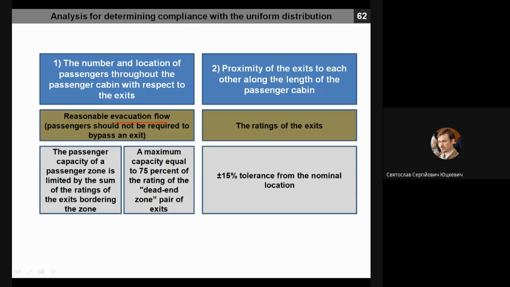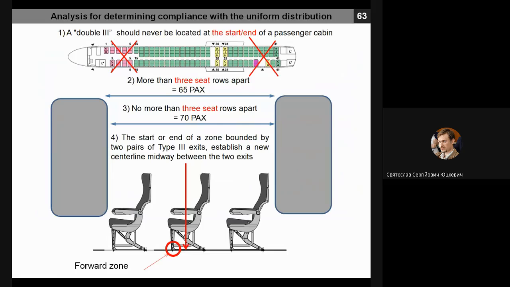And for the location of the proximity of exit, the rating of the exits could be shifted plus or minus 15%. And what else? Double type 3 exit doors could not be located in the forward and aft part of the fuselage, only in the mid part.